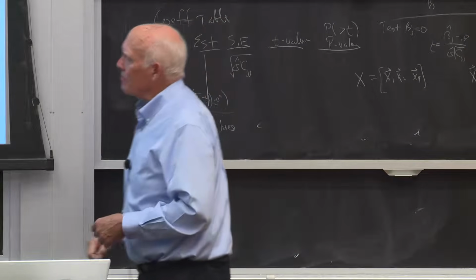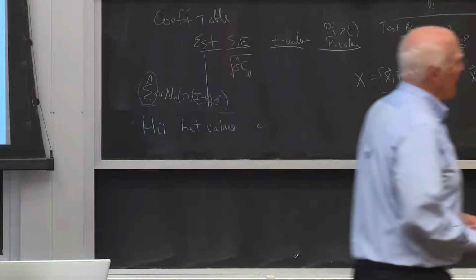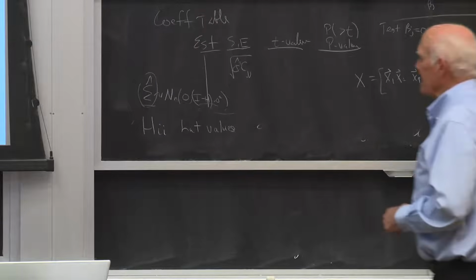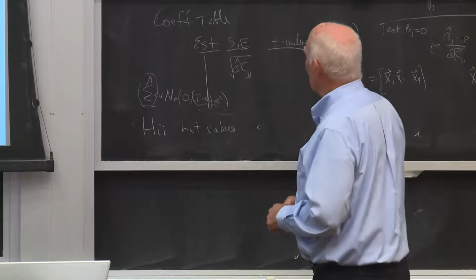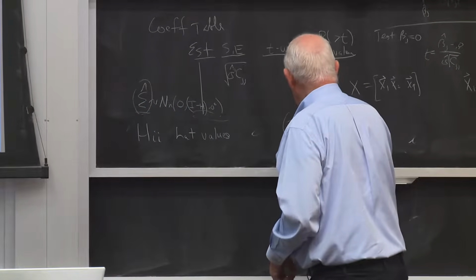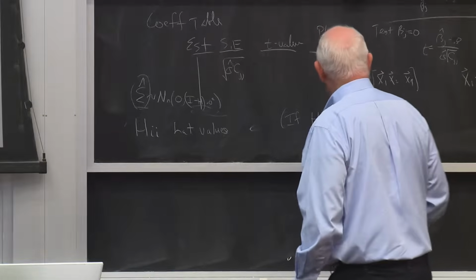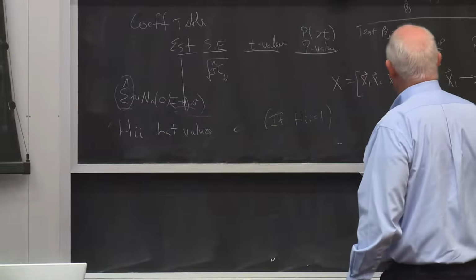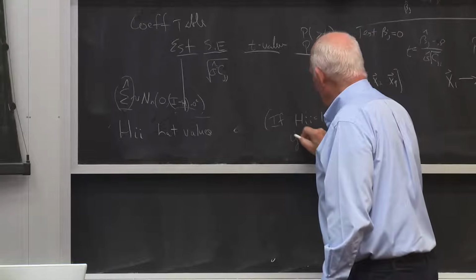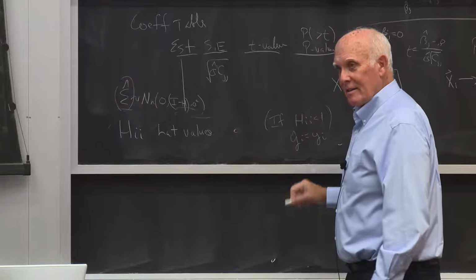And what's important about the hat values is that, if the hat value h sub i were equal to 1, then we would have y hat i actually equal to y i.